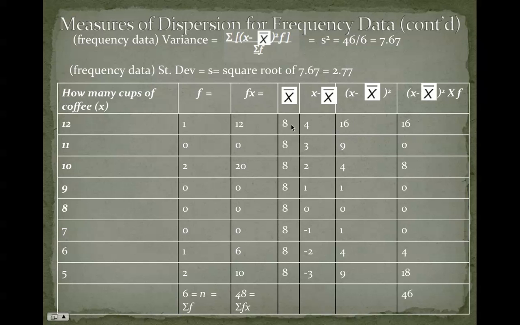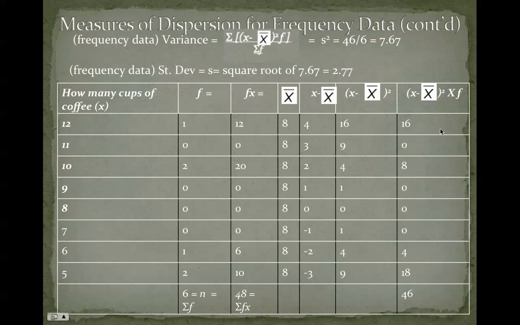So 16 times 1. 9 times the f, which is 0, 0. 4 times the f, which is 2, 8. 1 times 0 is 0. So again, if you just follow the simple math here, it's this number times f: 16 times f, 9 times f. 4 times 1 is 4, and 9 times 2 is 18.